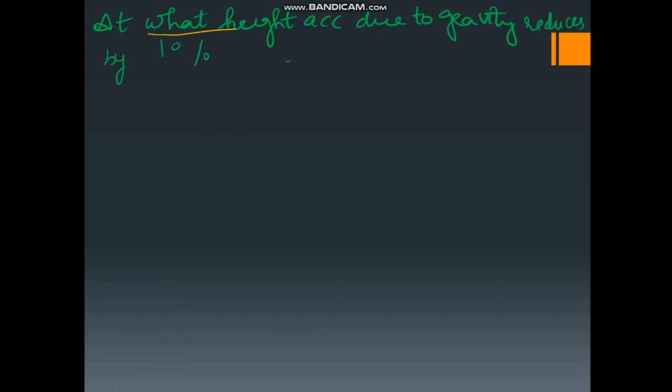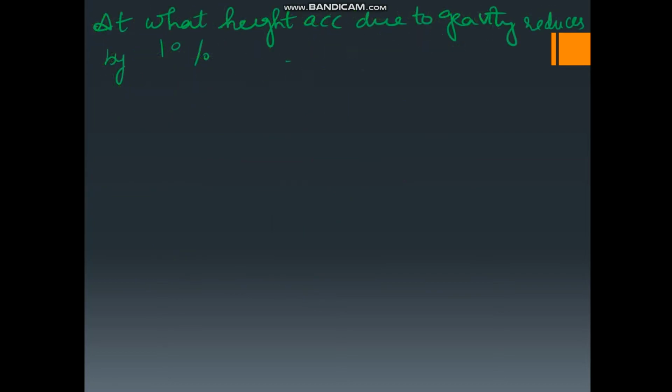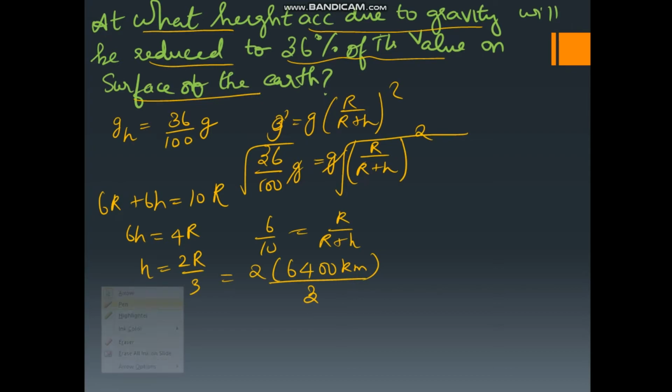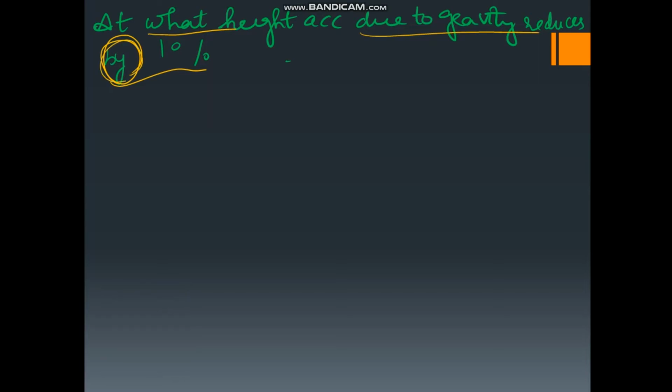At what height does acceleration due to gravity reduce by 1%? See here, the word 'by' is given. In the previous question, 'to' was given. But in this question they have given 'by 1%'. So what is the formula we have learned? g dash is equal to g into (1 minus 2h by R).